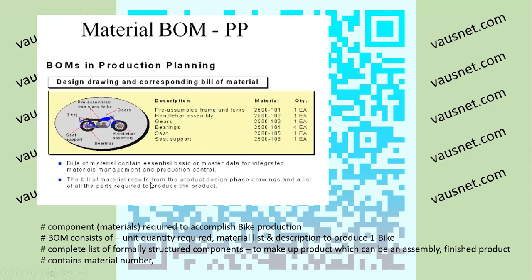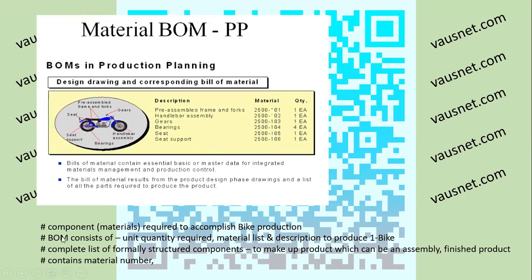The bill of material results from the product design phase drawings. The engineer passes a design, and then based on that, a BOM is made, a list of all the parts required to produce a product. So components are required to accomplish production. Now, these are the components.